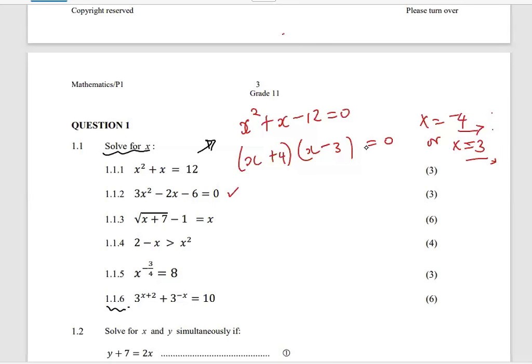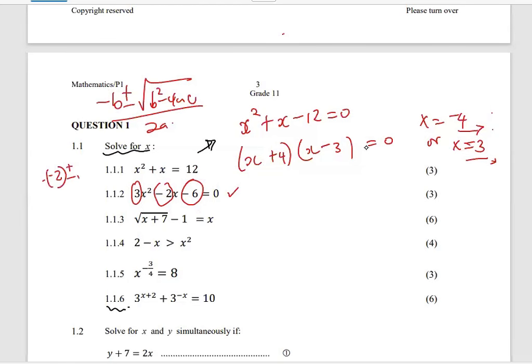Okay, so if I use the quadratic formula, which is negative b plus minus square root of b squared minus 4ac over 2a. Our a is 3, our b is negative 2, our c is negative 6. When you do the substitution, it's negative of negative 2 plus minus square root of negative 2 squared minus 4 times 3 times negative 6.